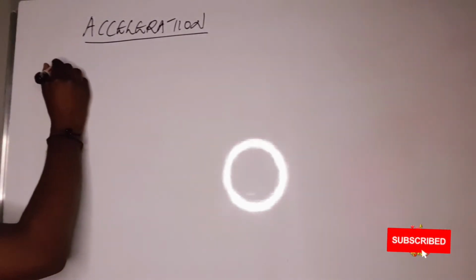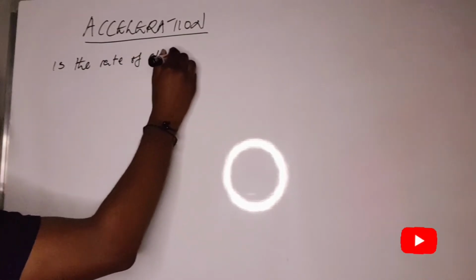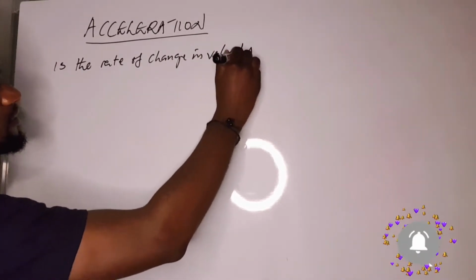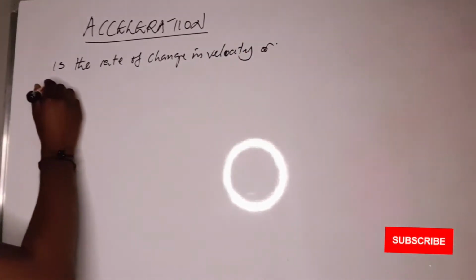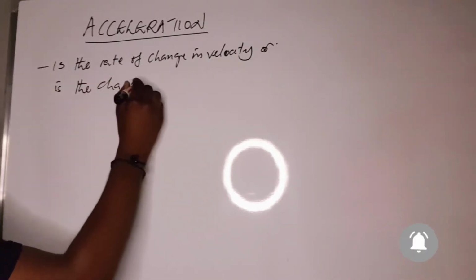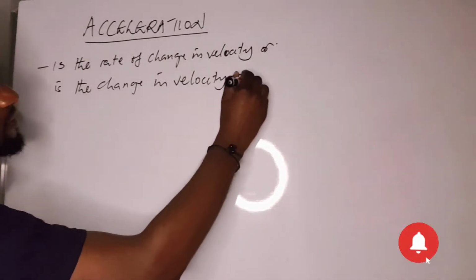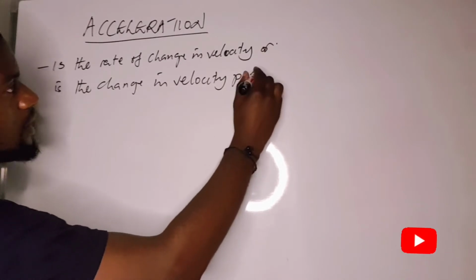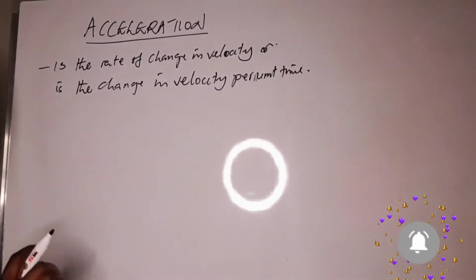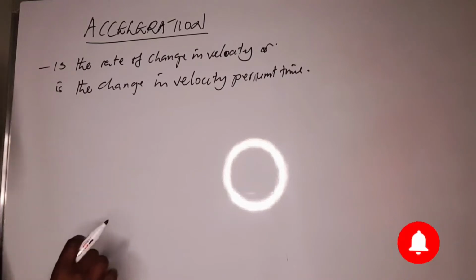Acceleration, we're saying, is the rate of change in velocity, or you can say is the change in velocity per unit time. So we're saying acceleration is the rate of change in velocity or is the change in velocity per unit time.